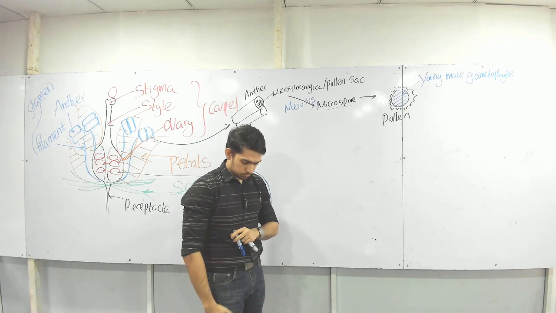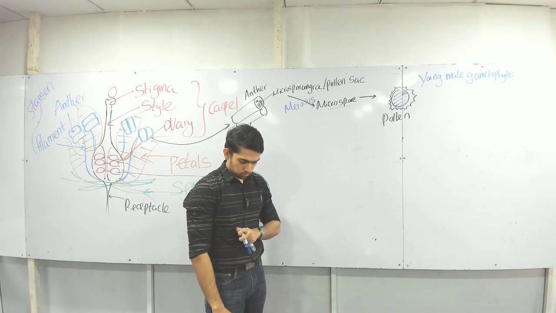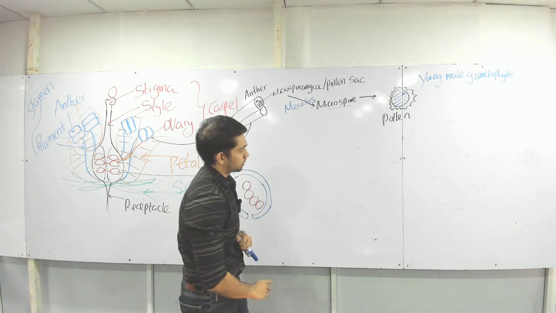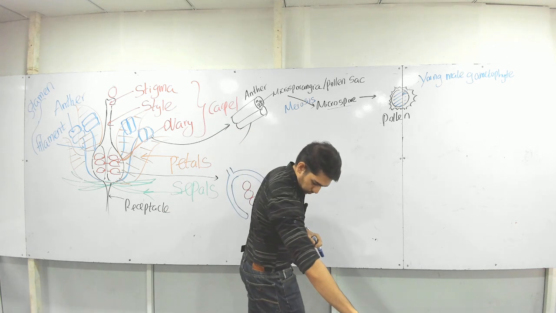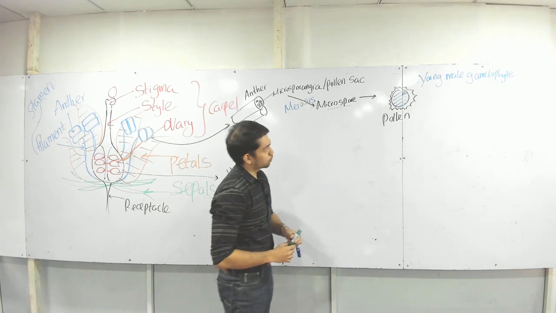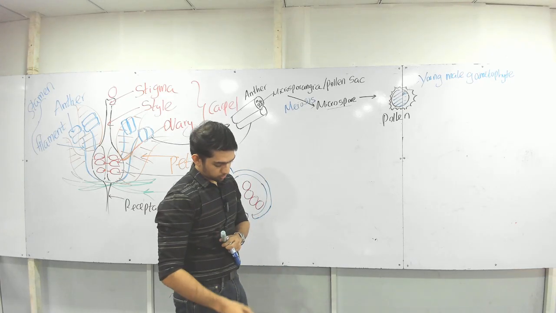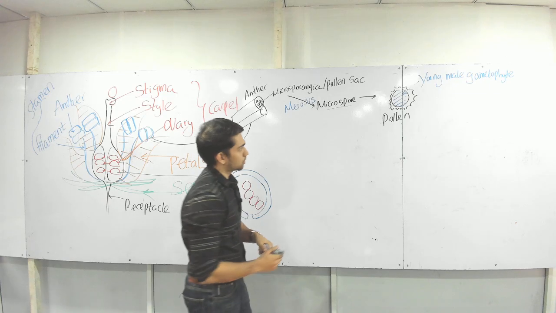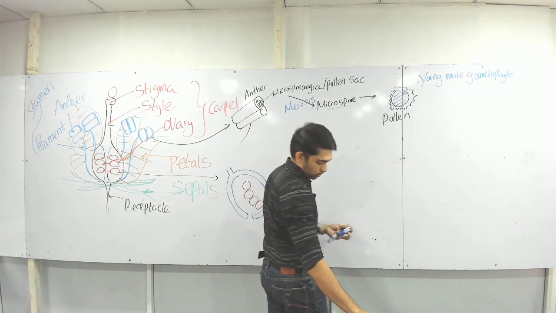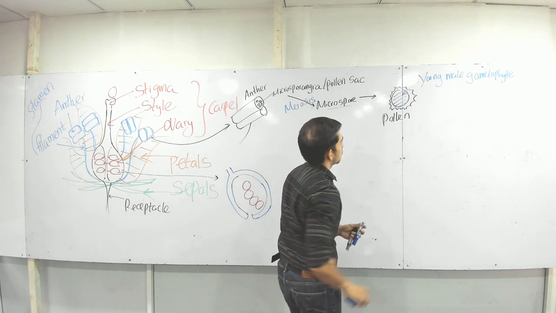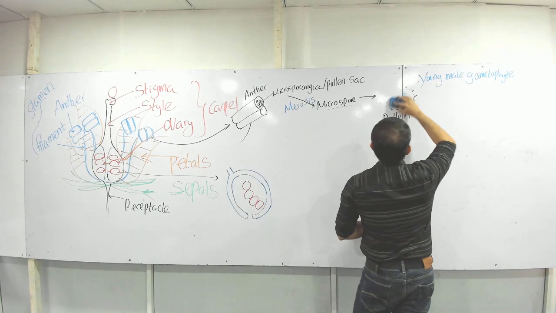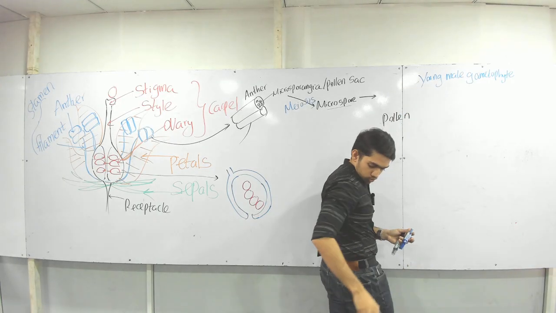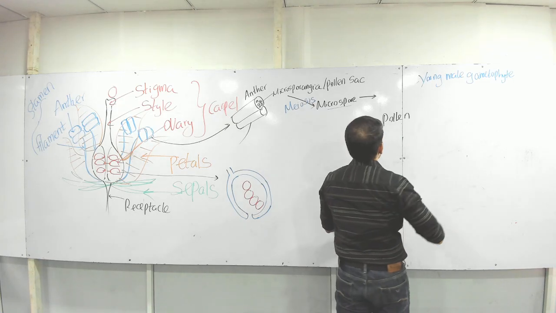Come to carpels. Oh no, wait. There's something additional that you need to know. Microspores develop into the male gametophyte by meiotic division within the anther. And okay, I'll show it here as well. The pollen grain actually has two main cells inside.